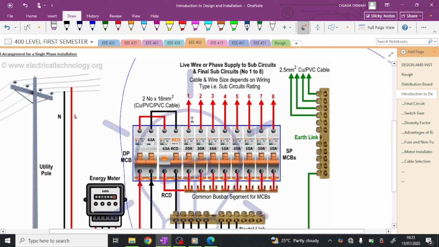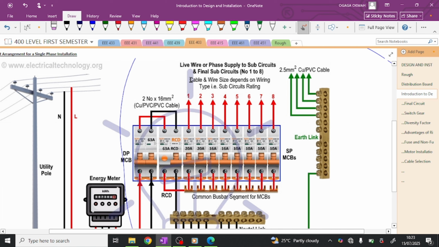So this is regarded as a final circuit. Why? Because it leads to a power consuming device. It leads to an electric bulb, to your ceiling fan, to your cooker, to whatever. At that point where it leads to something that consumes the power, it is not going anywhere apart from there.